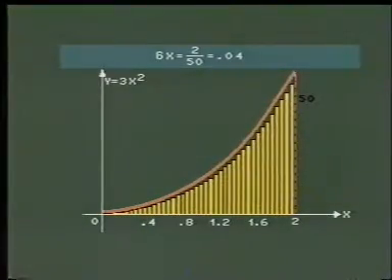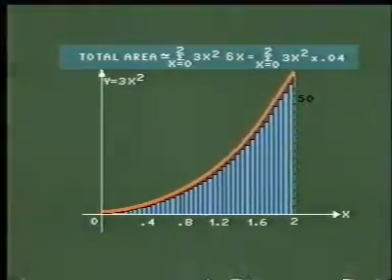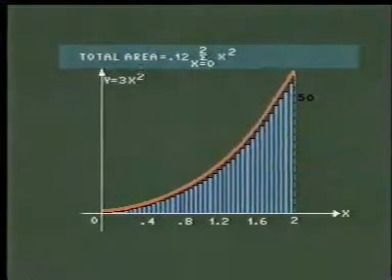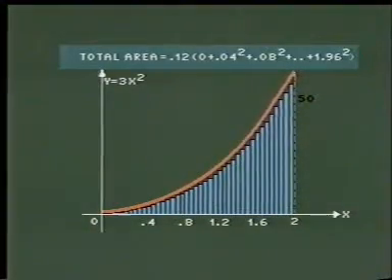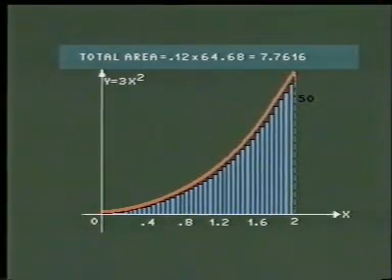Now, the total area is approximately equal to sigma 3x square delta x, which is equal to sigma 3x square into 0.04, which is equal to 0.12 sigma x square, which is equal to 0.12 into 0 plus 0.04 square plus 0.08 square and so on, and finally plus 1.96 square, which is equal to 0.12 into 64.68, which is equal to 7.7616.